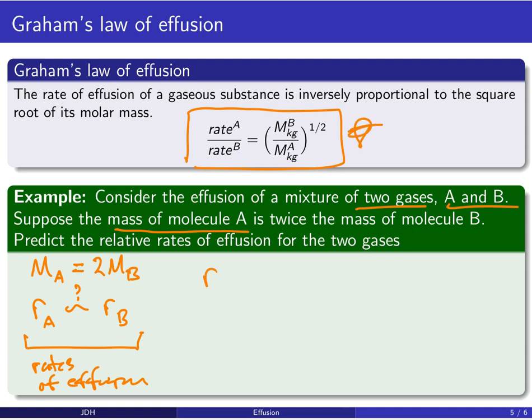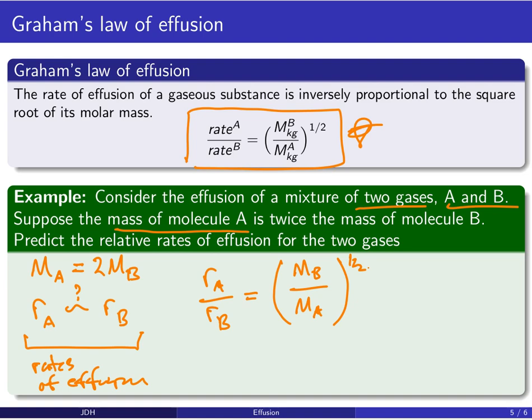Let's start off with the ratio just as we have it up here. We start with rate A up top, rate B on the bottom. We then put over here the mass of B over mass of A, with a square root of that ratio of the masses.